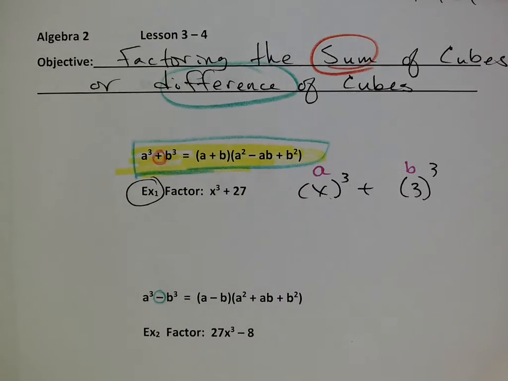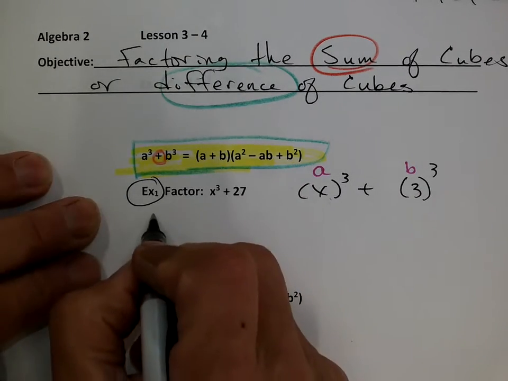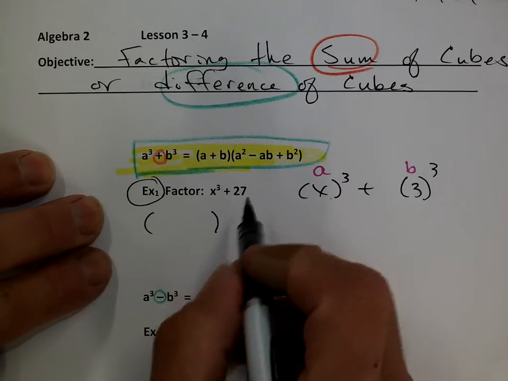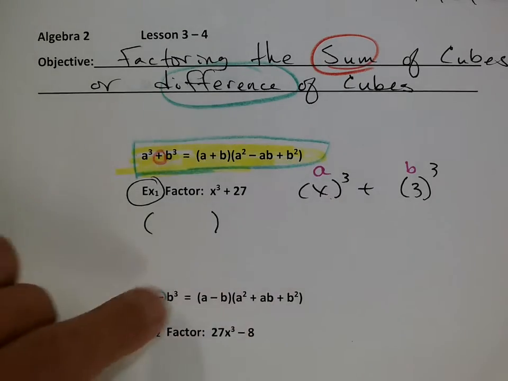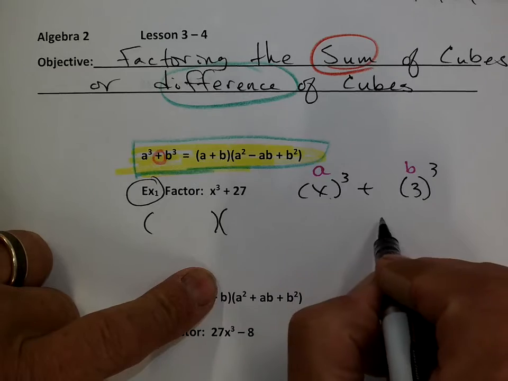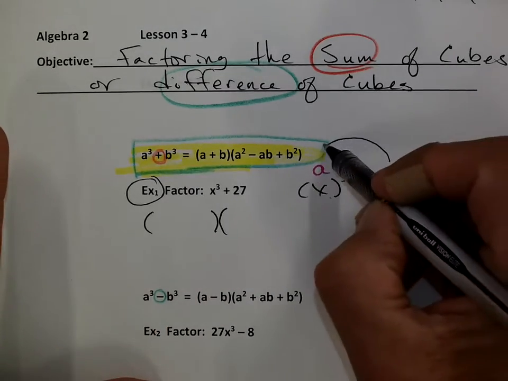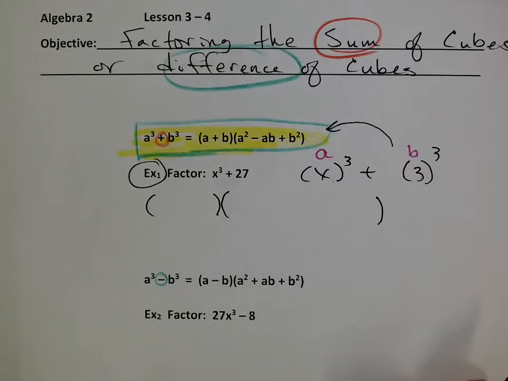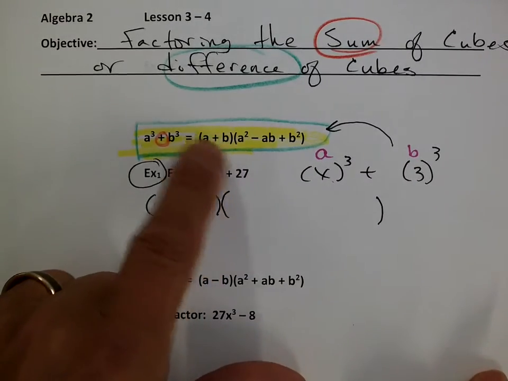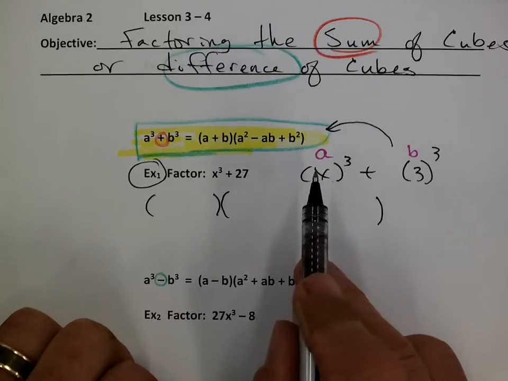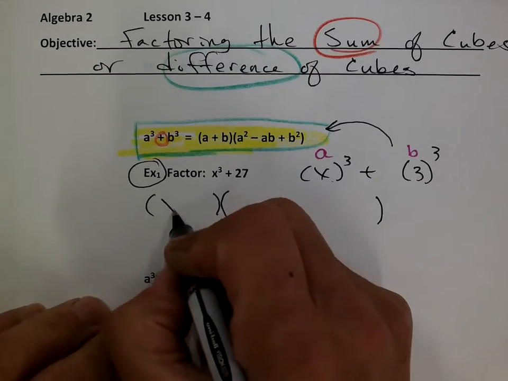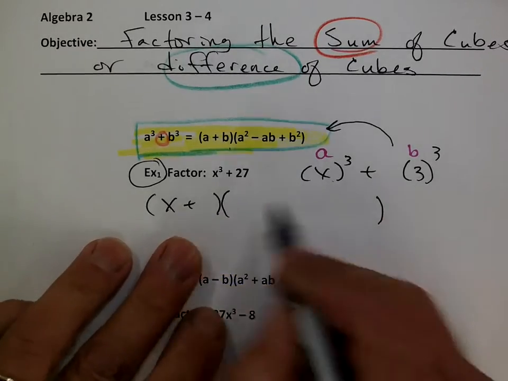So let's do it. I'm going to use my formula, parentheses, parentheses. A plus b is the formula. A is x plus b, which is 3.